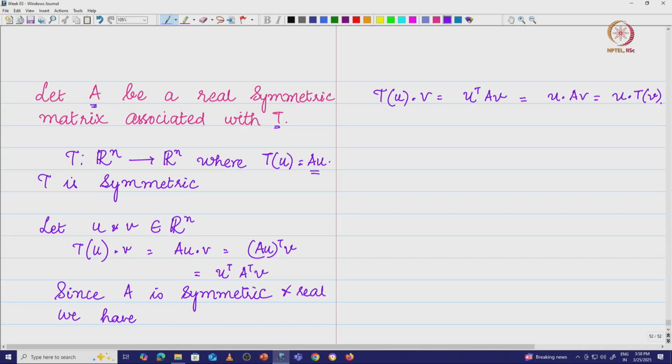Okay. Now, there are quite a few things that we are going to look at here. The first and foremost important property of real symmetric matrices, we are going to write that. So, let us look at the properties of real symmetric matrices.